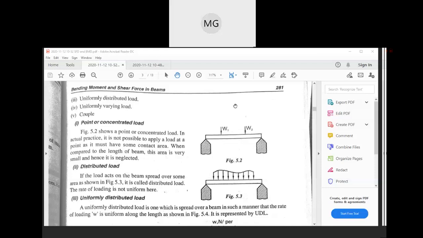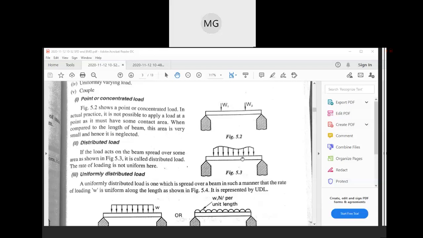Next, distributed load. Distributed load means that over the surface of the beam, a load is distributed. Say you are keeping a book on a table. On a table we keep a laptop, books, and many things. That is a distributed load. It is the best example.